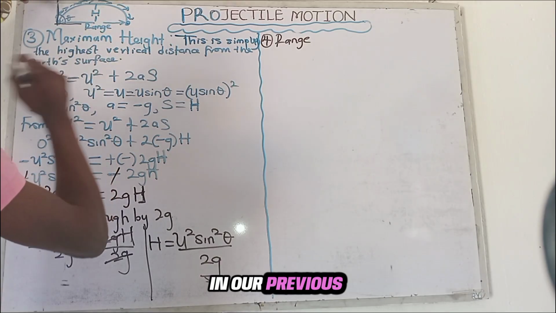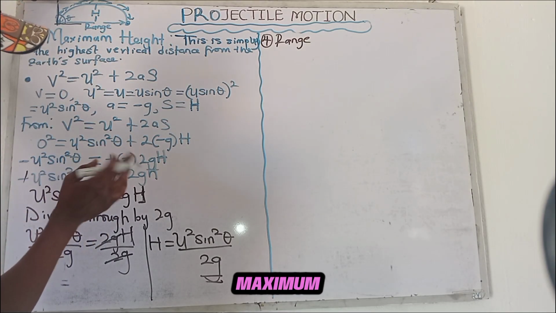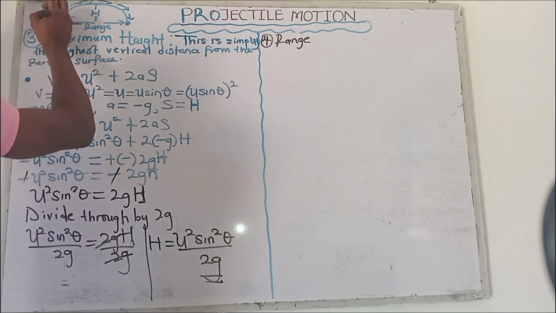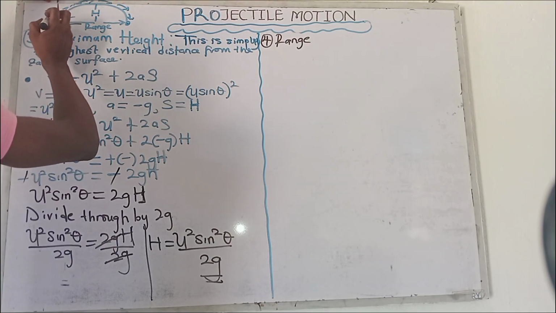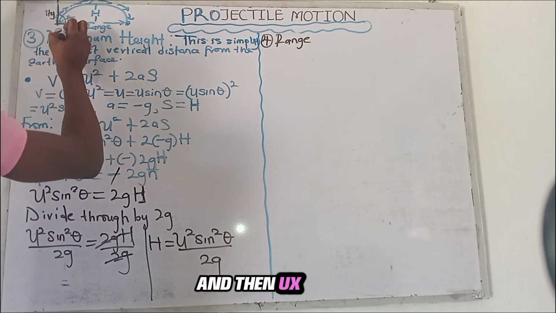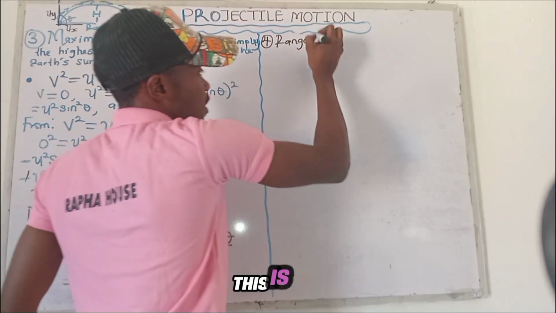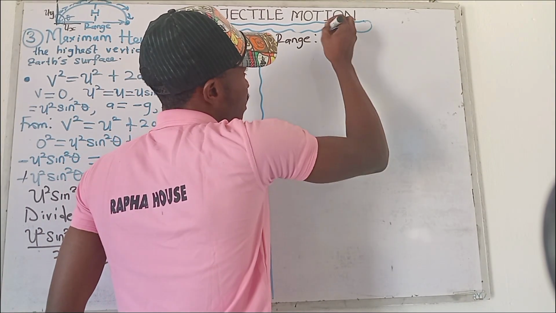In our previous derivations for time taken for a projectile to reach its maximum height, don't forget that we're assigning uy to the vertical dimension and then ux to the horizontal dimension. So to define range now, we can just say this is the total horizontal distance.